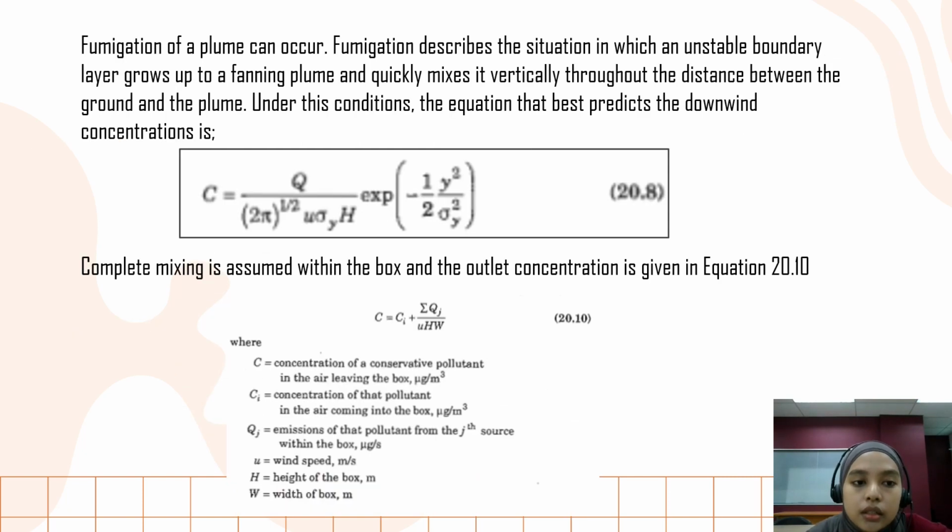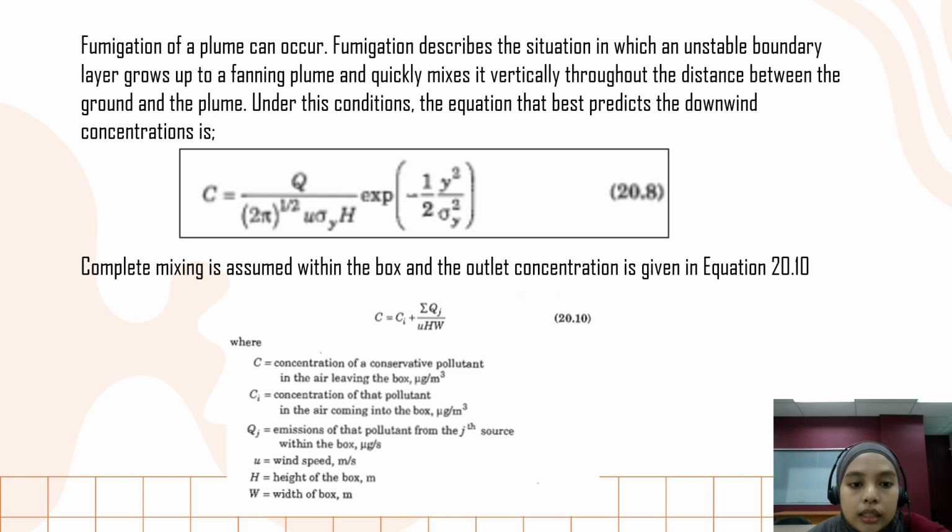From the equation, fumigation of a plume can occur. Fumigation describes the situation in which an unstable boundary layer grows up to a lofted plume and quickly mixes it vertically throughout the distance between the ground and the plume. Under this condition, the equation that best predicts the downwind concentration is equation 20.8, in which complete mixing is assumed within the box, and the outlet concentration is given in equation 20.10, which is from equation 20.8.